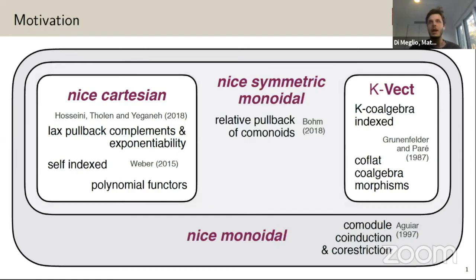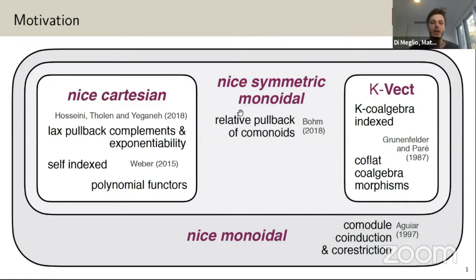And lying in the middle here, we can consider symmetric monoidal categories. And Boom, in 2018, introduced this notion of relative pullback of comonoids, which is not a real pullback, but it satisfies some pullback-like properties. In particular, for co-commutative comonoids it is a real pullback.